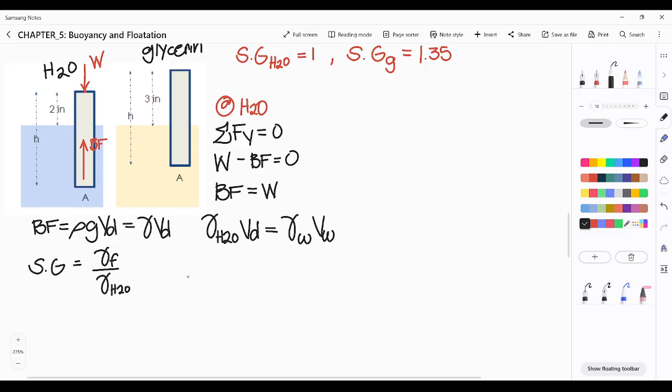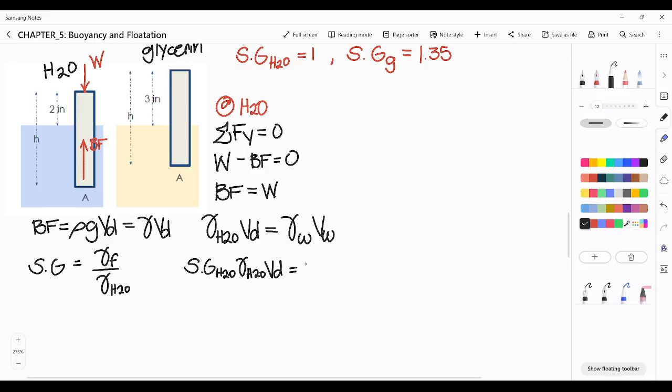The specific weight of our fluid, since it's H2O, kaya nga siya equal sa 1 kasi pareho. But let's just write this down para makita natin yung cancellation of the variables. Let's put Sg of H2O times gamma of H2O times the volume displaced by the object.